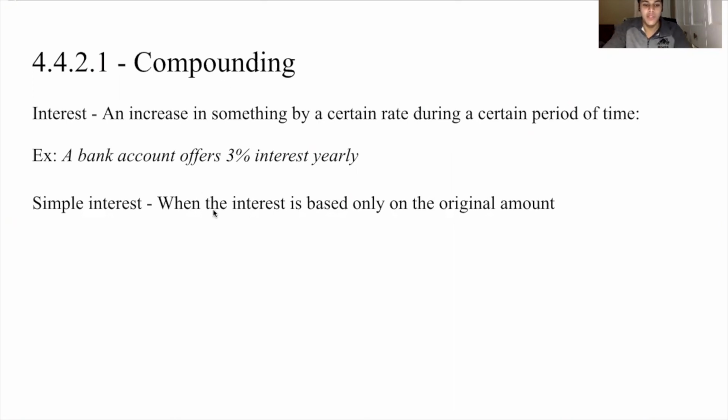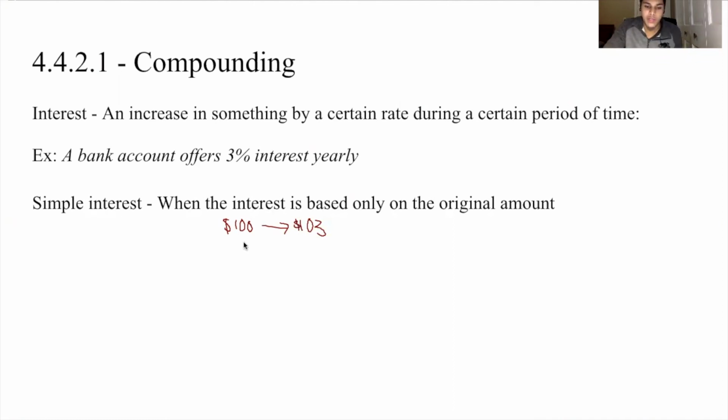So an example of this, and I'll go back to the $100, is if I put the $100 in the bank account, then after 1 year, that'd become $103. And that's pretty simple. That's the same between the two types of interest. But this is where it splits.